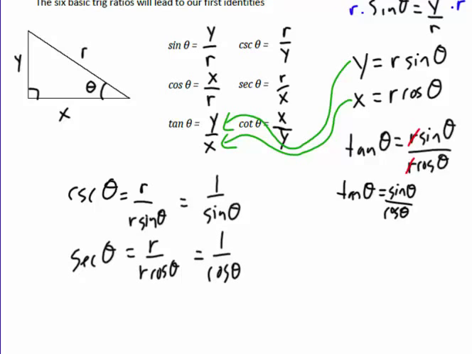And cotangent is the reciprocal of tangent. So we just flip these over, and we get cos theta over sine theta. And the important thing to notice here is that all of our trig identities can be written in terms of sines and cosines. Now, that's going to be very useful as we do more identities.